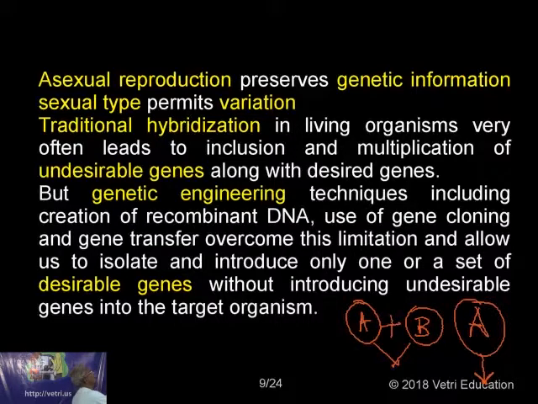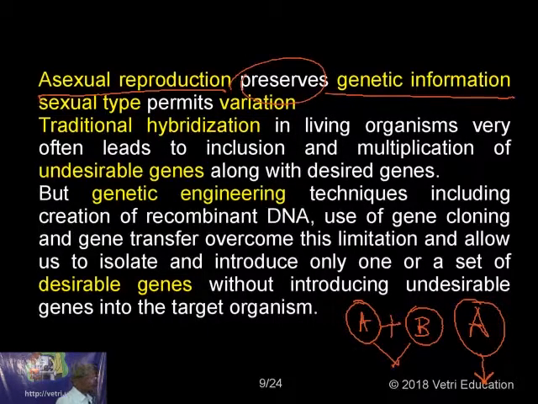So asexual reproduction preserves the genetic information. It is not getting contaminated, not getting mixed, not getting altered. It preserves the genetic information. So from that angle it is good.